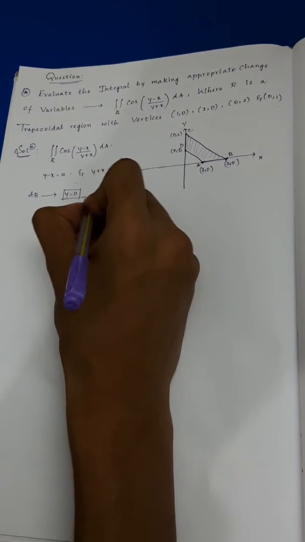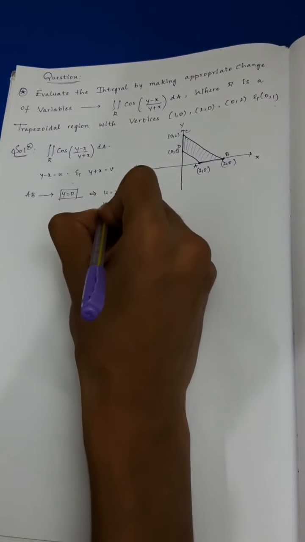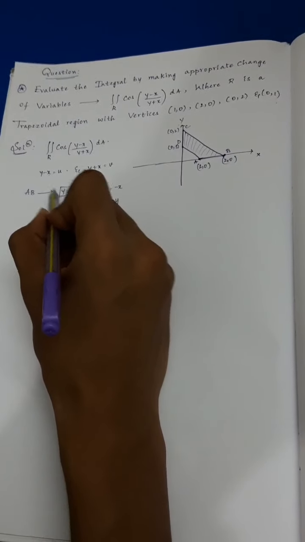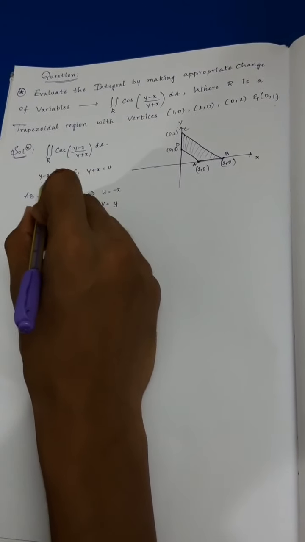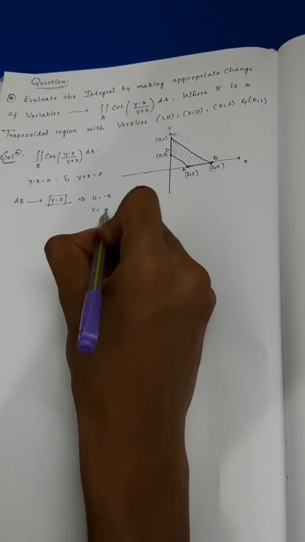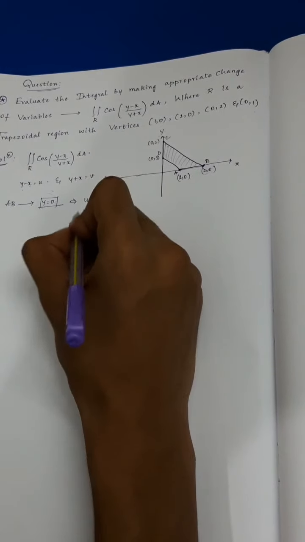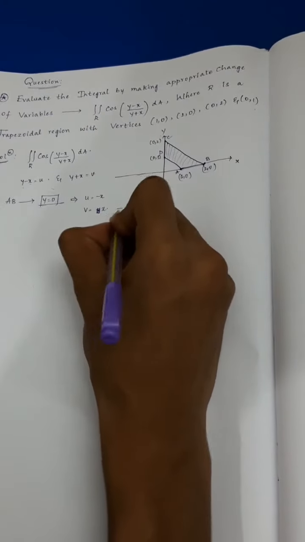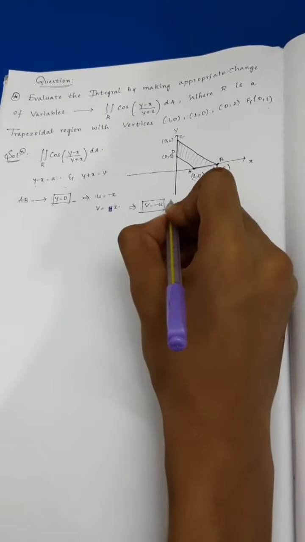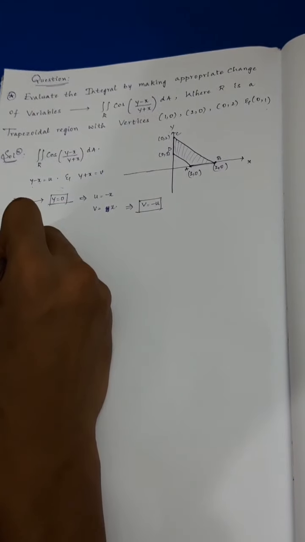Substituting y equals 0, we get u equals minus x and v equals plus x. Sorry, my mistake. By these two equations we can say that v equals minus u. This is the first equation which will be plotted in the UV plane later.